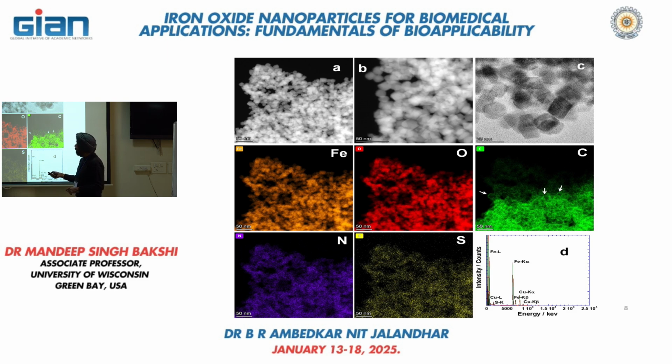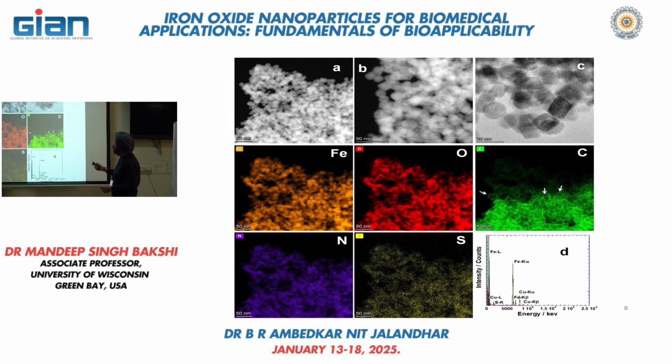It means that area belongs to iron, right? So you see that these are the iron oxide nanoparticles. Therefore, iron is there. Oxygen is also there. So it is iron oxide.